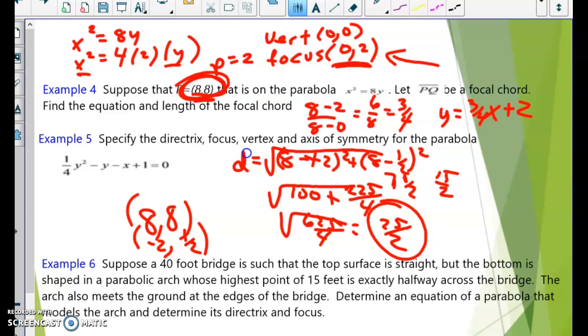So 12.5 is the distance between them. Whew, boy, that was something right there.